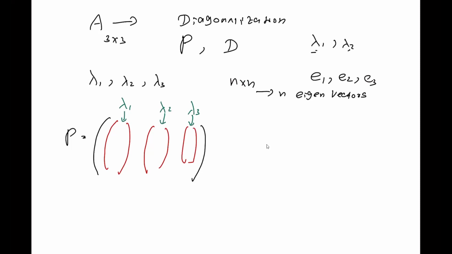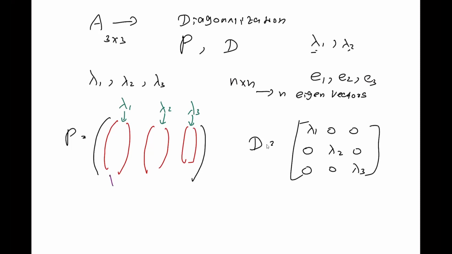If you write it this way, your diagonal matrix has the first row belonging to lambda 1, the second row belonging to lambda 2, and the third to lambda 3. But if you shift this order, let's say you write this column as lambda 2, this column as lambda 3, and this column as lambda 1, then your order will change: the first element, instead of lambda 1, will be lambda 2.